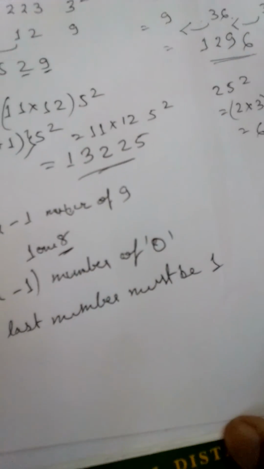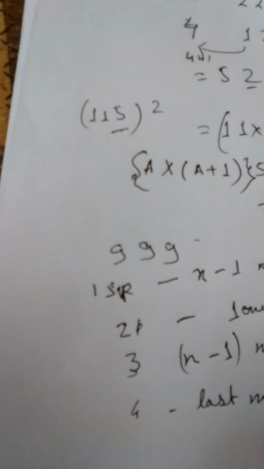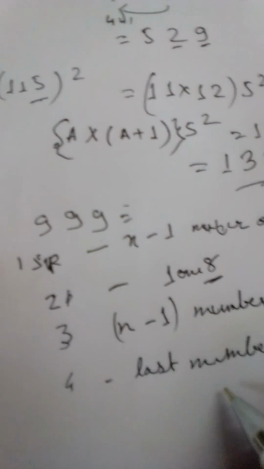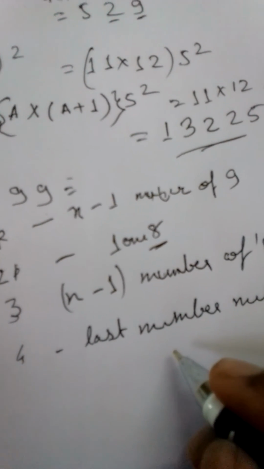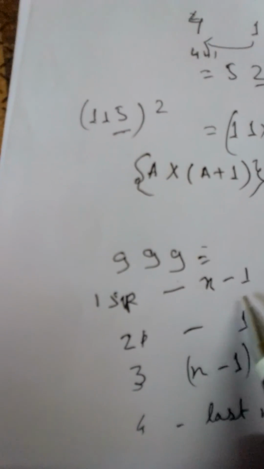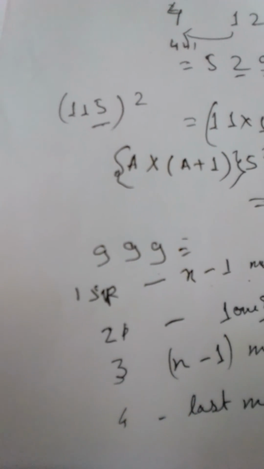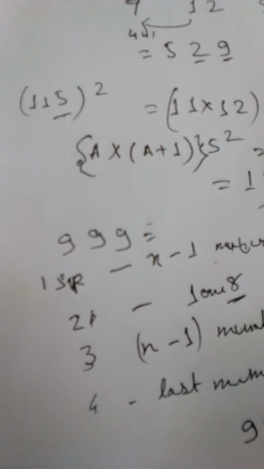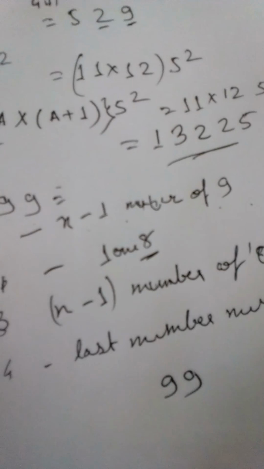So our problem is 999. How do we write this in this method? The first step is n minus 1 number of 9s. So 9 and 9, 99.